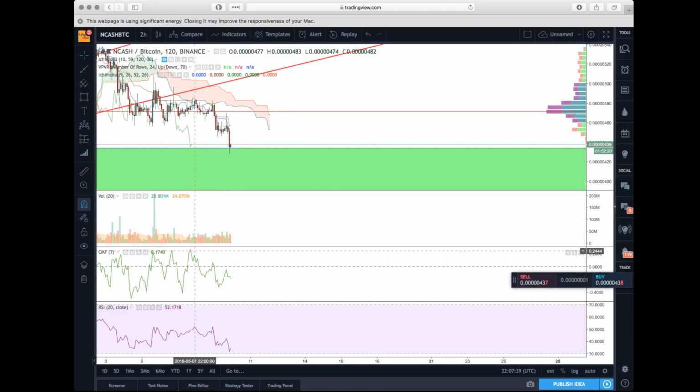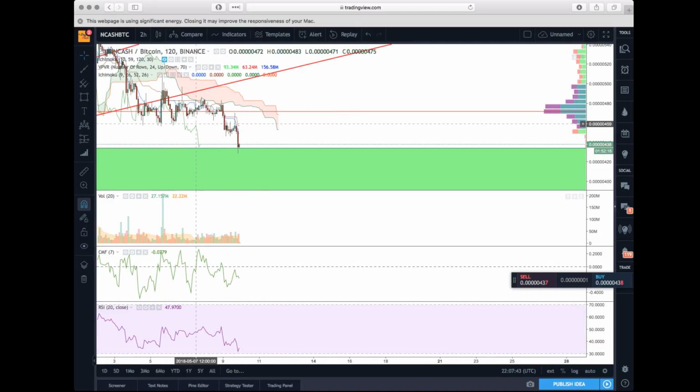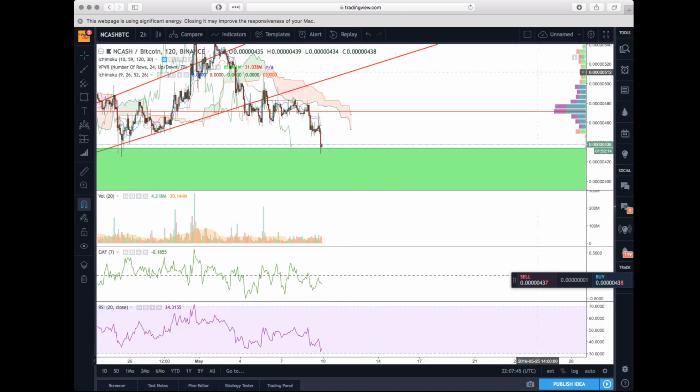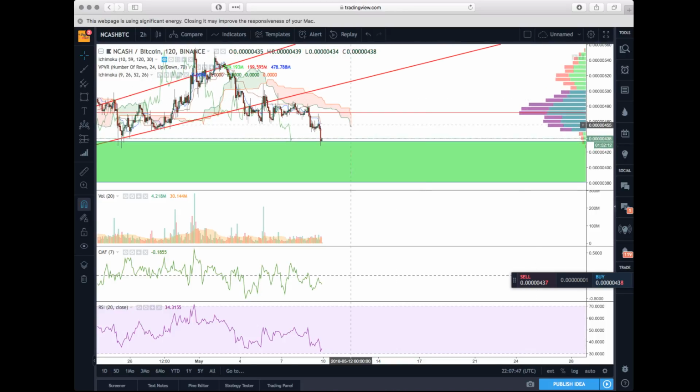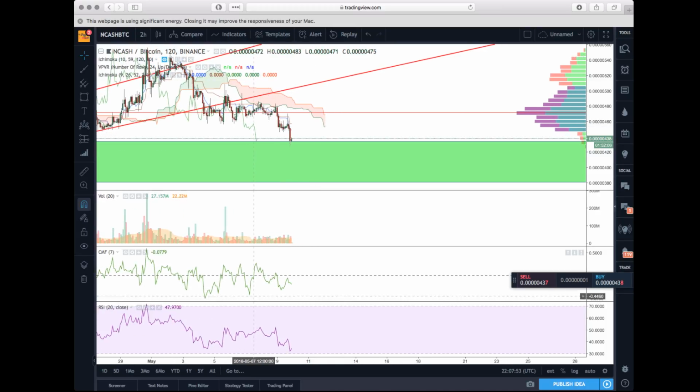What do we have here? We have the indicators just agreeing with the price action, basically. So not really. Oh, well, actually, okay. So we've got lower low, higher low. Okay.